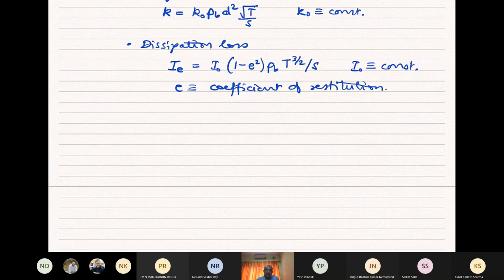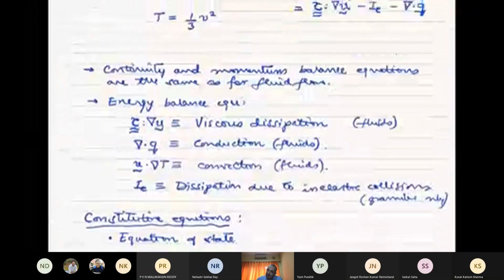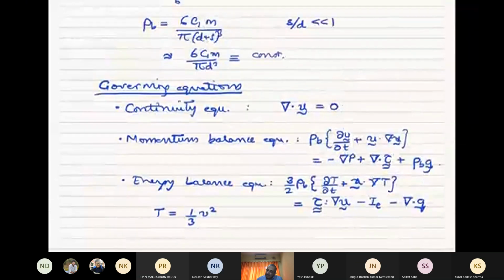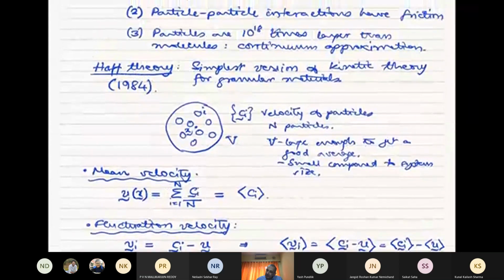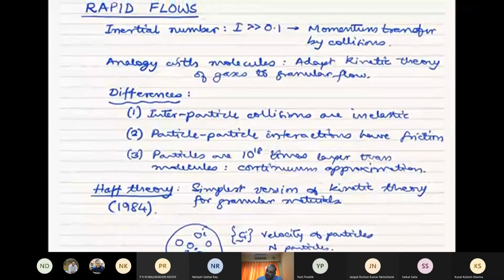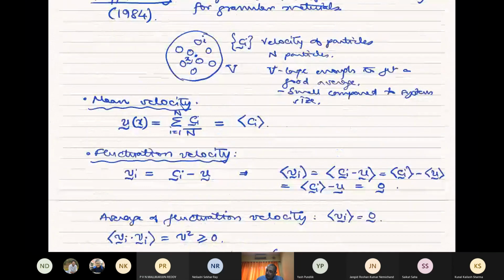So here we are. This essentially completes the full description of the theory. If I just scroll backward, I will have written down so many things. So the whole idea was that, okay, particles are like molecules, so we'll use kinetic theory.